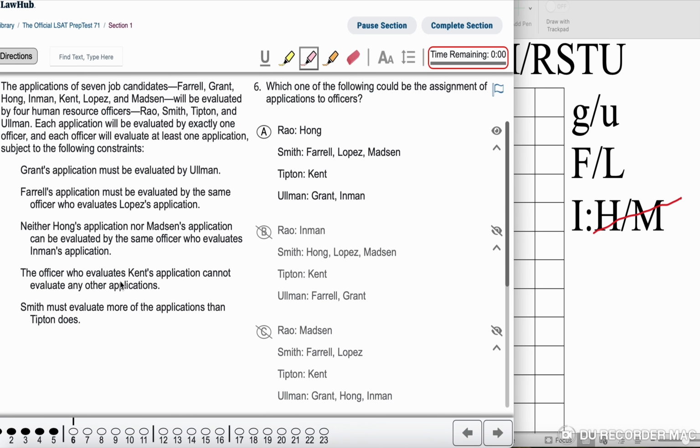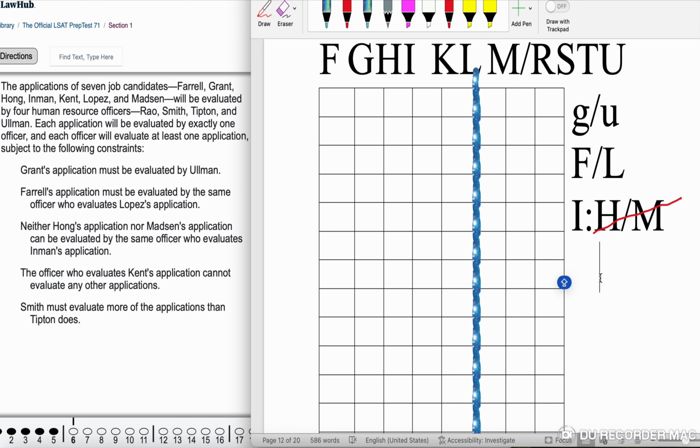Let's see if these two help out. The officer who evaluates K's application cannot evaluate any other applications. So K is going to be by itself, and I could just put isolation brackets.